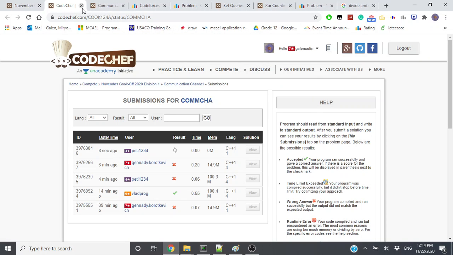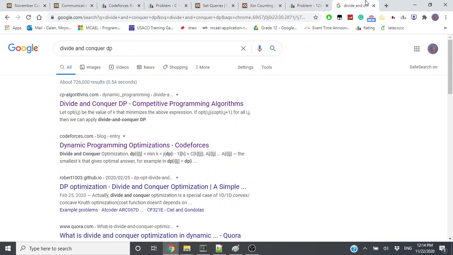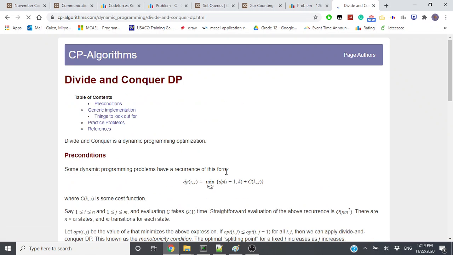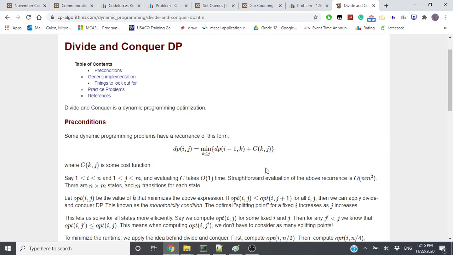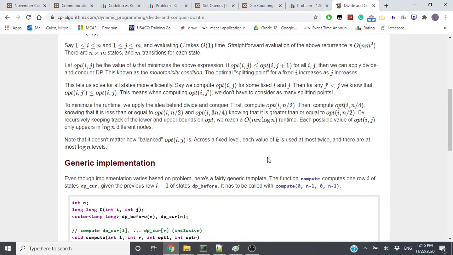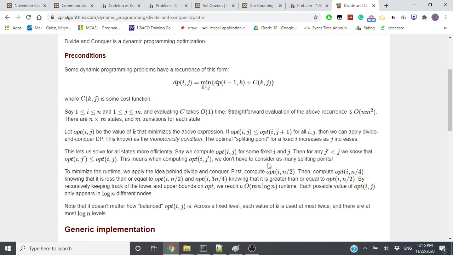It takes 0.55 seconds. I'm not sure if this is better.